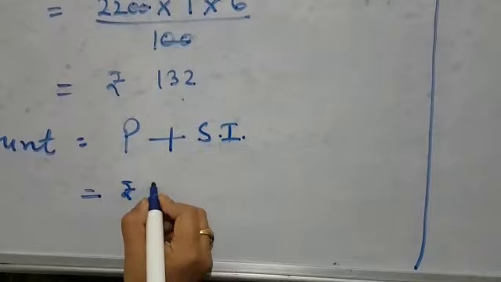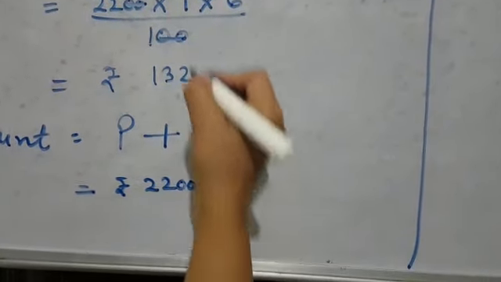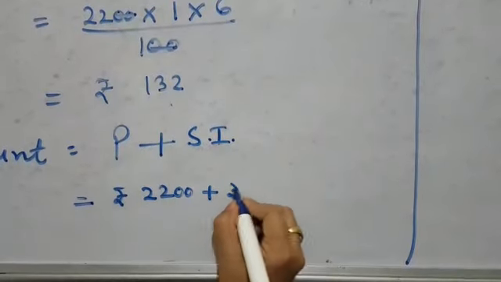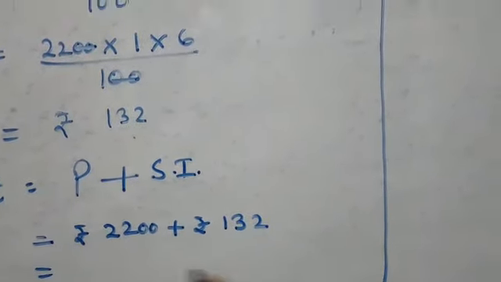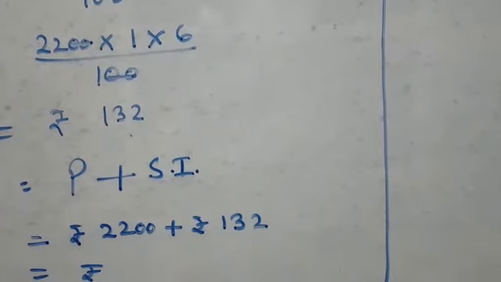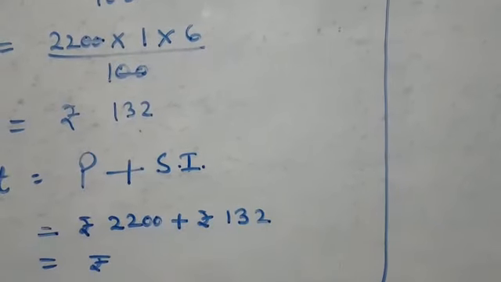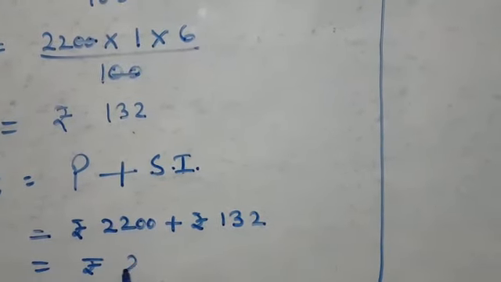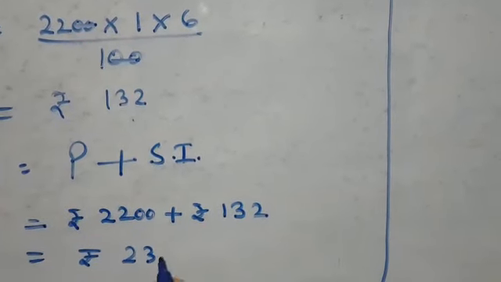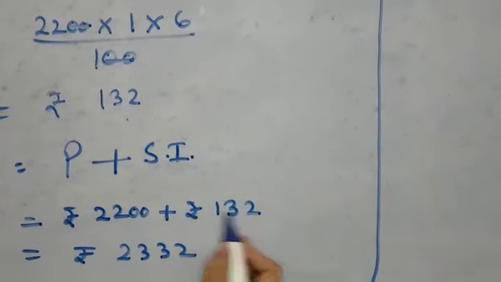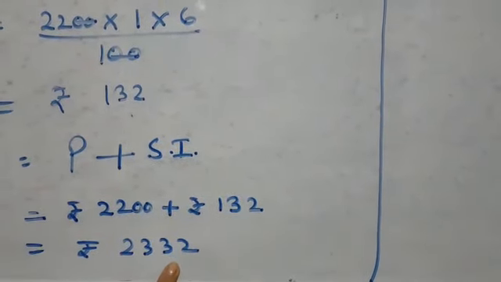So what is the principal? Principal was 2200, and on 2200 in 1 year, 132 rupees was charged as interest. So the total amount which I have to give back to the money lender is rupees 2200 plus 132, which is 2332.